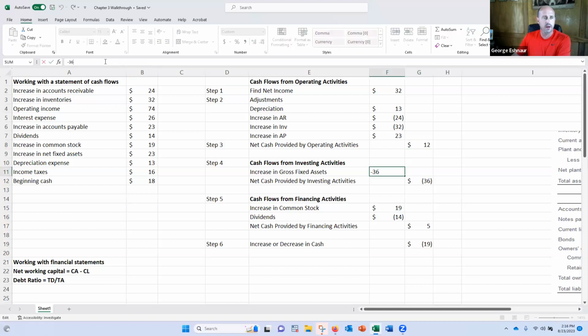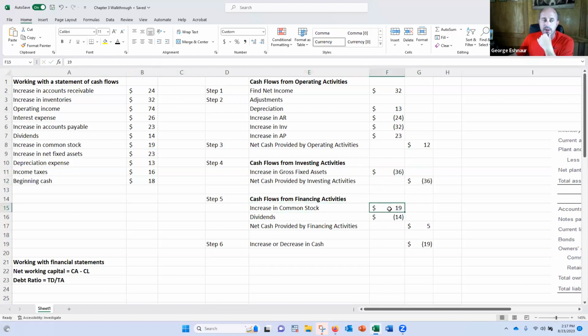This one essentially equals net plus the depreciation expense, but I needed to make it negative, since it's an outlay. We would have bought some sort of fixed asset, and that's a cash outlay.